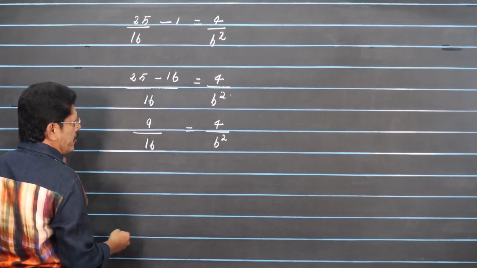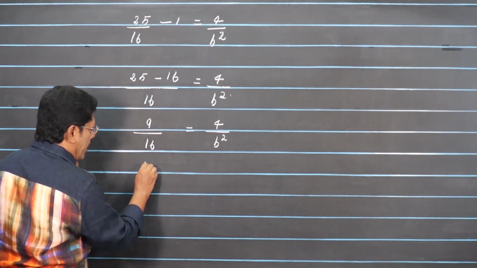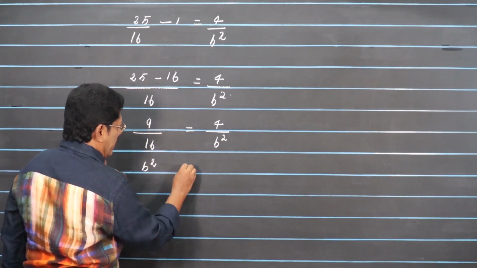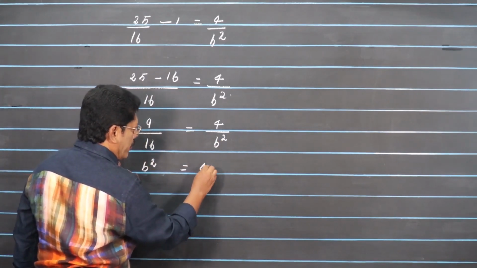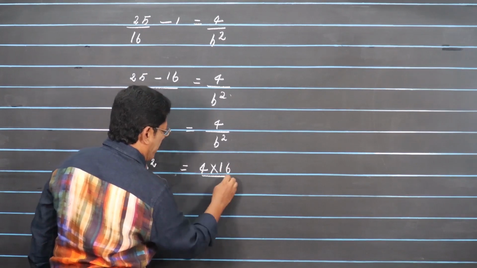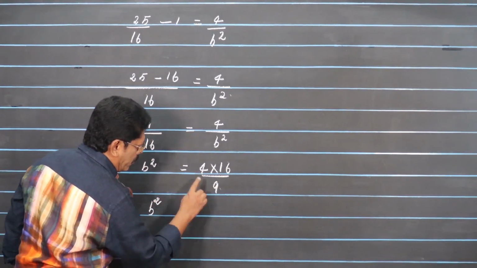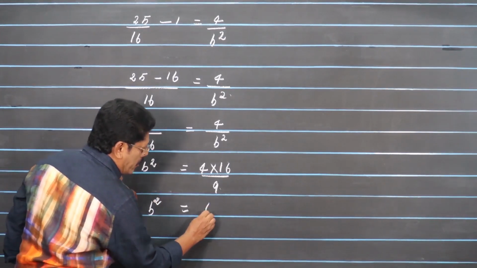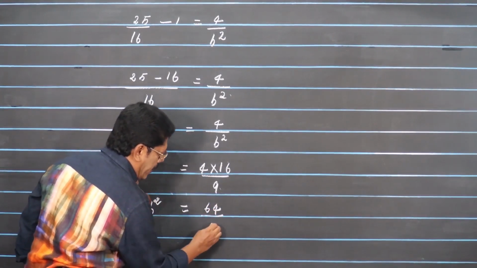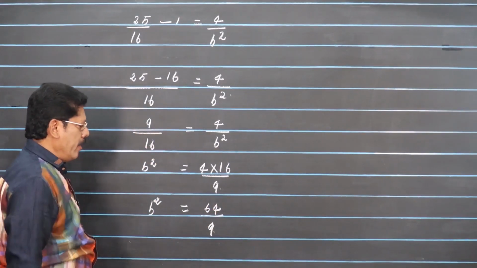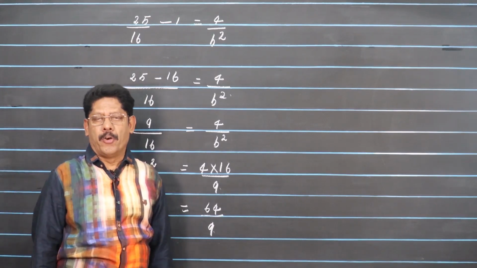On cross multiplication, b squared is equal to 4 into 16 by 9. Therefore, b squared is equal to 64 by 9.